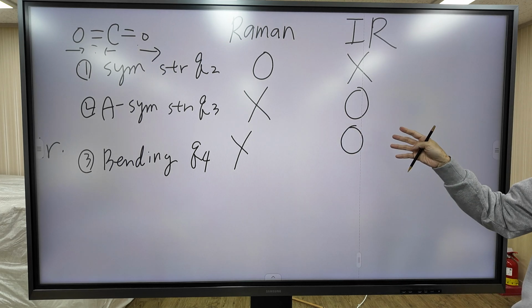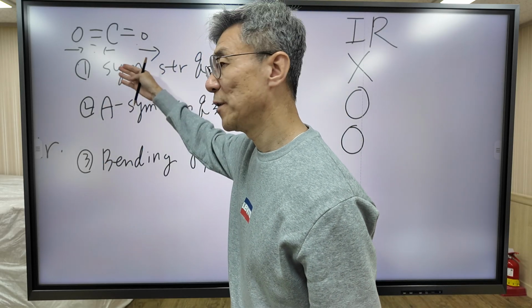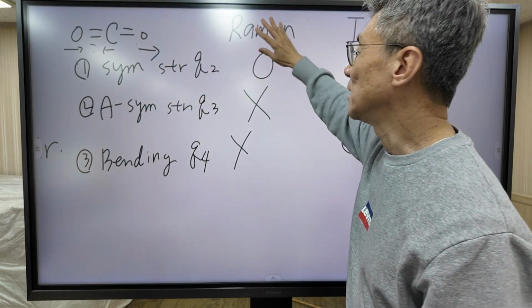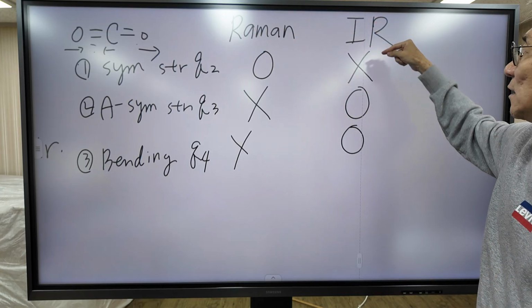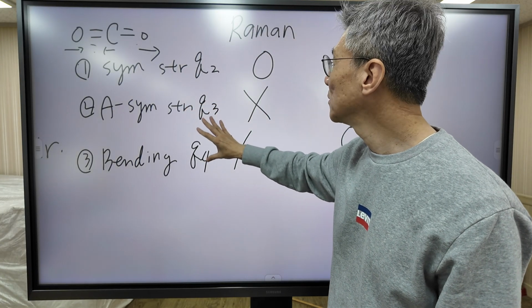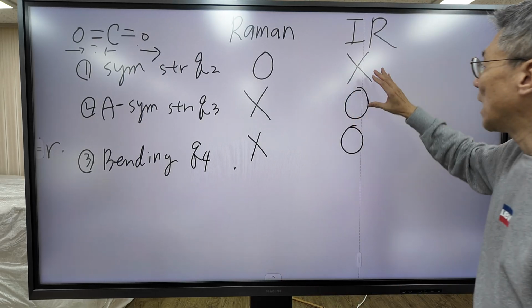This is our result. For the CO2 molecule, we have three kinds of vibrational mode. Symmetric stretching mode: Raman active, IR inactive. Asymmetric stretching and bending mode: Raman inactive, but IR active.